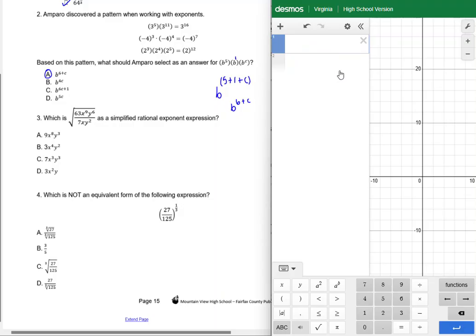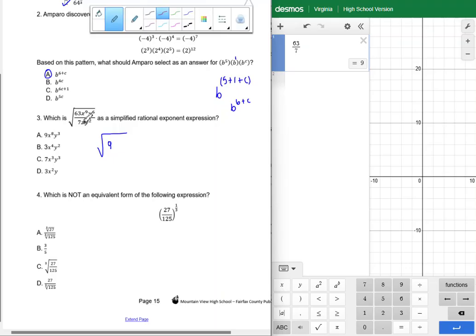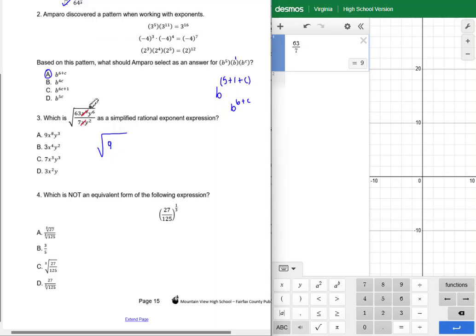You have 63 divided by 7, which is 9. The radical doesn't go away yet, so I'm just going to put 9. Then I can take out an x in the denominator and an x in the numerator, so you would have x to the power of 8 here. Take out y squared here and y squared here, so I have y to the 4 here.